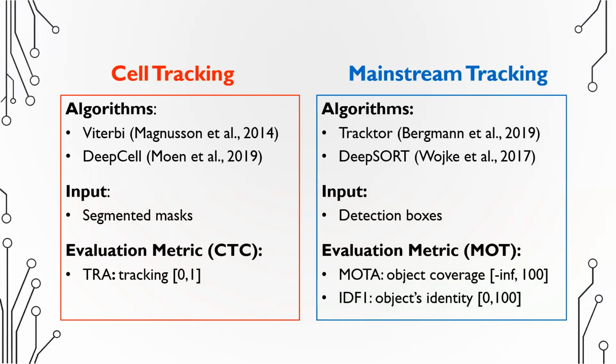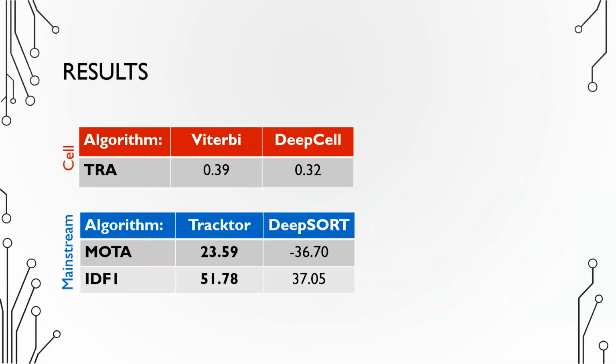For evaluation, we use the metrics from the respective domains. In the case of cell tracking, the TRA metric from the CTC evaluates the tracking performance, and in the case of mainstream tracking, we use 2 metrics from the MOT Challenge that measure the object coverage as well as the object identity. For all these measures, the higher the value, the better.